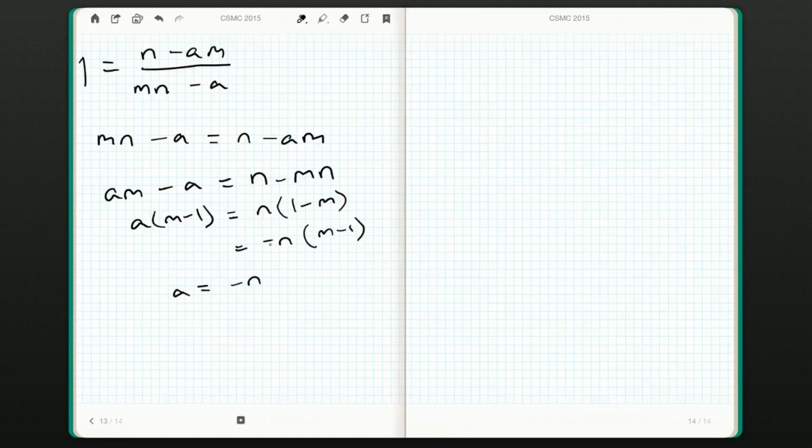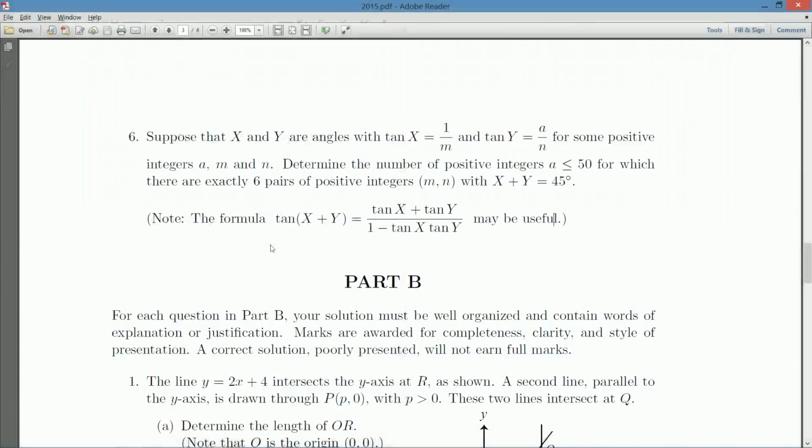What to do from there? So we've got a is equal to minus n. That doesn't seem right. Why doesn't that seem right? We want positive integers a and pairs of positive integers m and n. I've done something wrong. What have I done wrong?